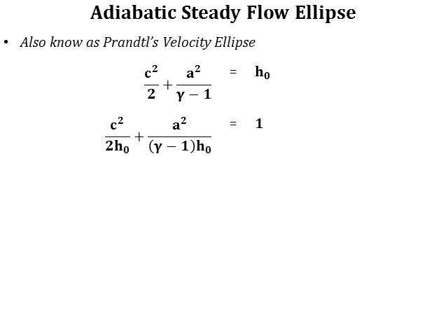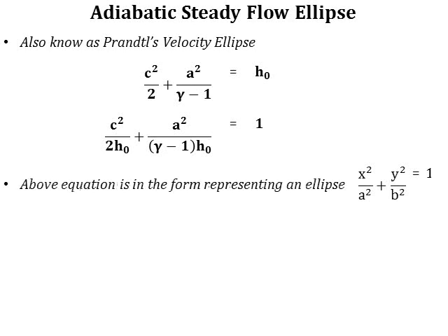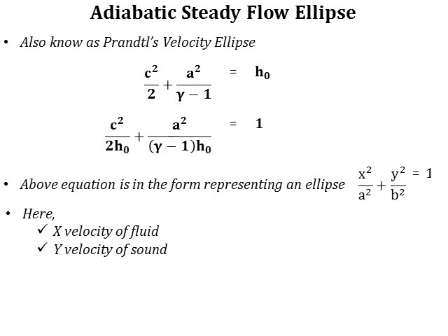You see that the second equation represents an equation for an ellipse. We can compare it with the equation for an ellipse and see that here x represents the velocity of fluid, y represents the velocity of sound, the intercept A represents root of 2h and intercept B represents square root of gamma minus 1 into h0.